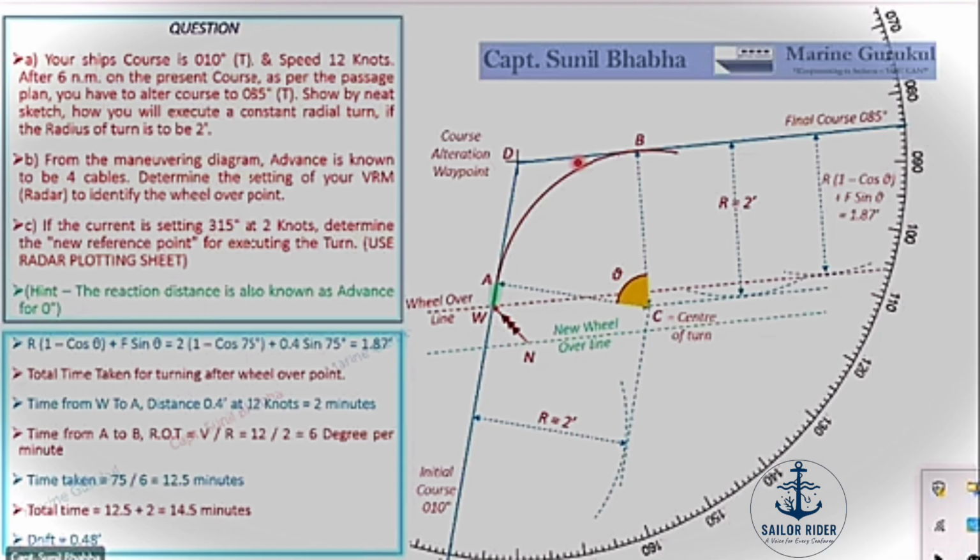We have got a new wheel over line. So after we give the wheel over, we do not need to bother about current now. The current will be taken care of by changing of this wheel over line, and you will land on your final course with zero cross track error. Okay, sir. Okay, clear beta? Very good. Great.